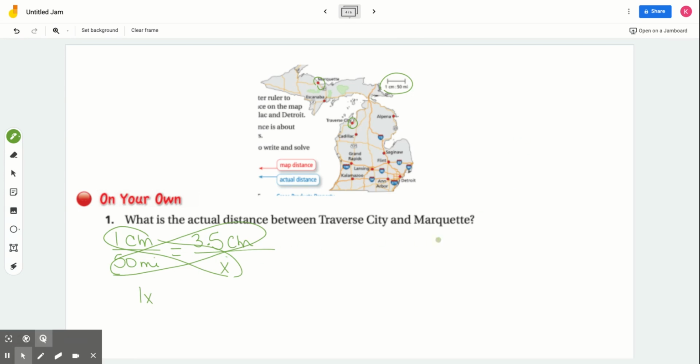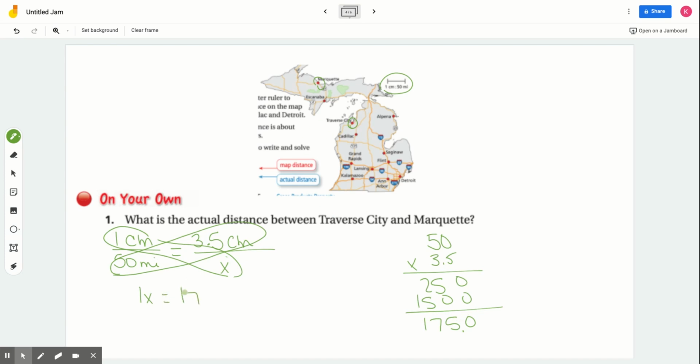So we could then multiply that 50 by 3.5 to find the distance between them. So here we could see that these are approximately 175 miles apart.